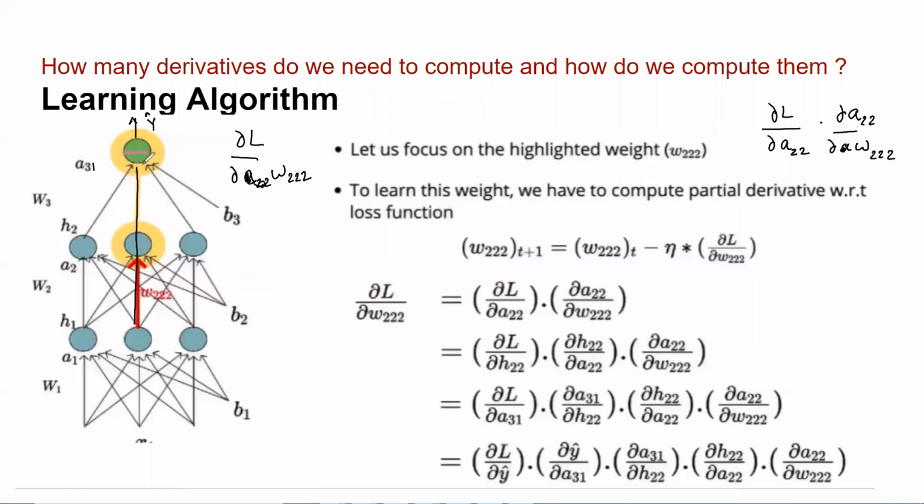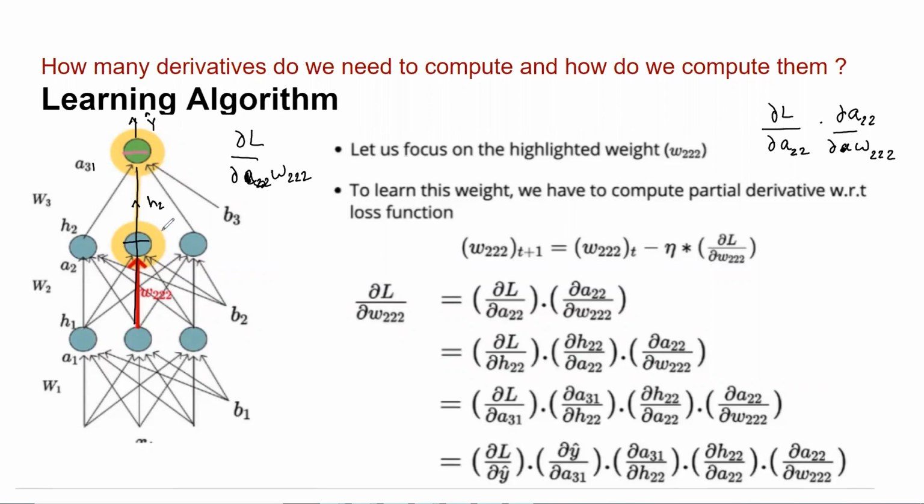Now just think on which particular value this A31 is depending. It is depending upon your H22 and H21. But before actually going to H21, what is the other thing it is depending on?